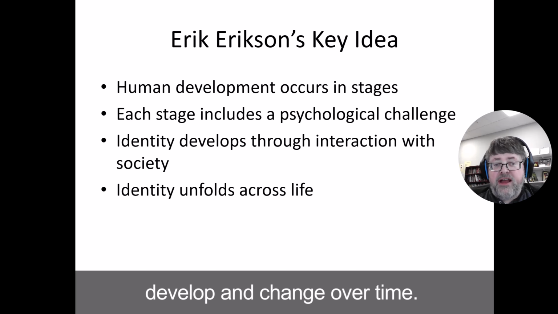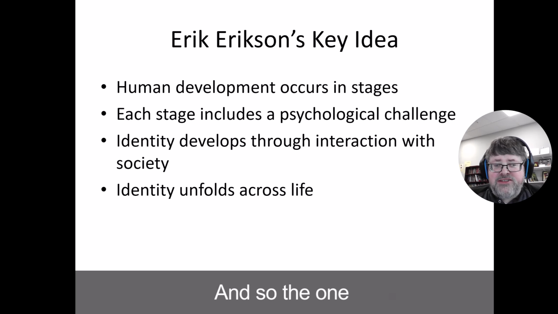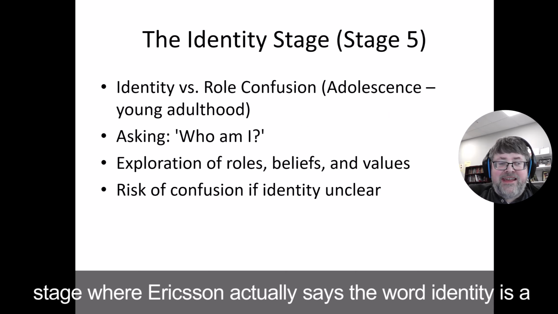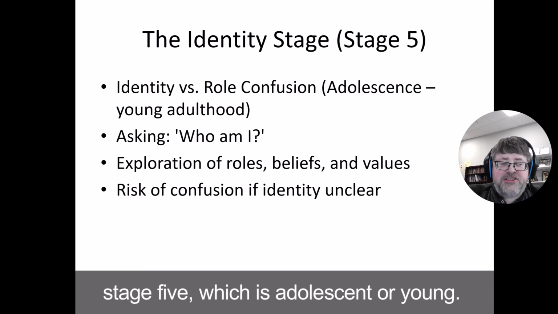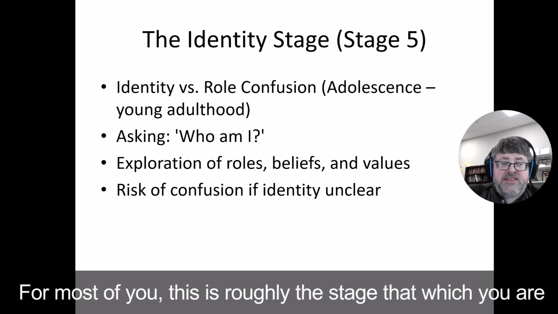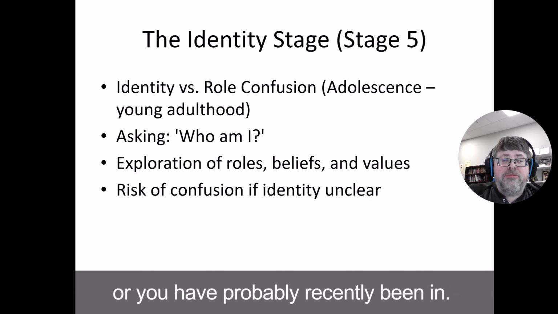And so the one stage where Erikson actually says the word identity is stage 5, which is adolescence or young adulthood. For most of you, this is roughly the stage at which you are or you have probably recently been.